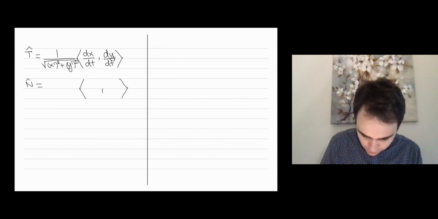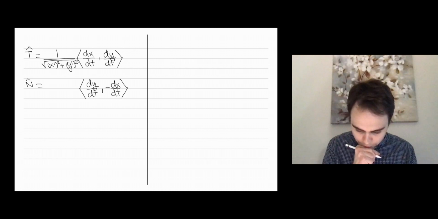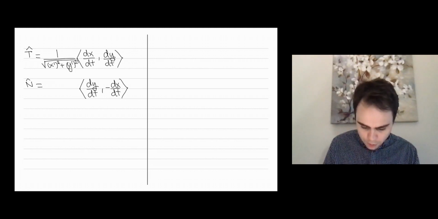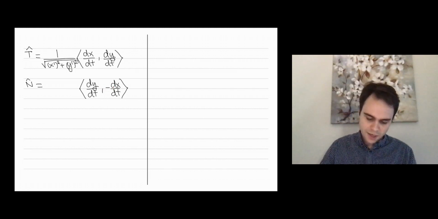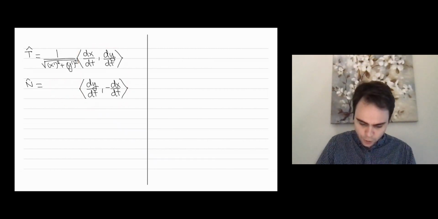I'm just going to flip the two components, have a dy dt over here, and then a minus dx dt over here. Right, if I flip the two components and introduce this minus sign, when I do the dot product, regardless of the scaling factor, I do this product plus this product, and then I get 0.